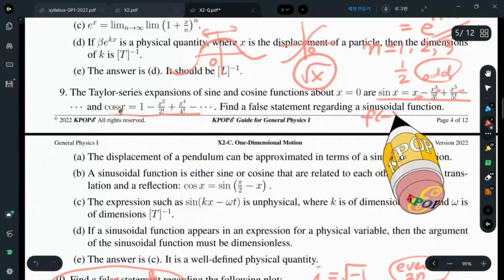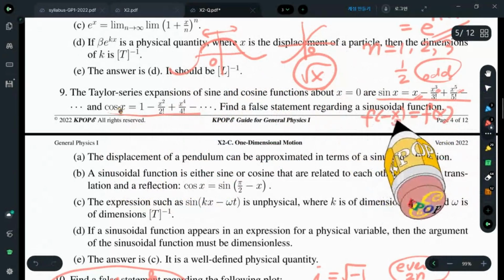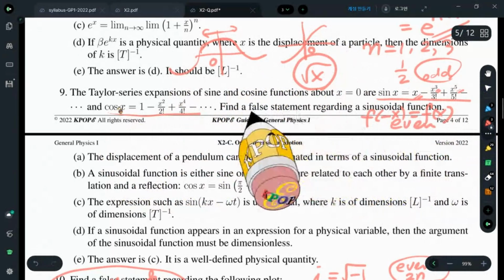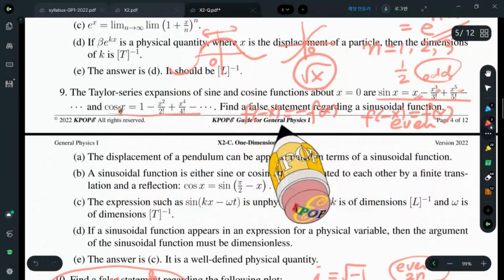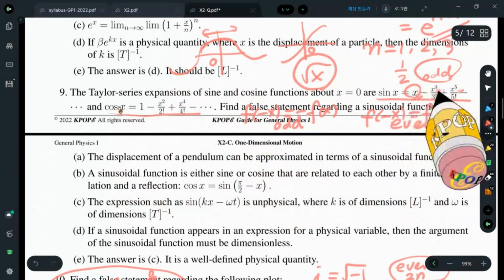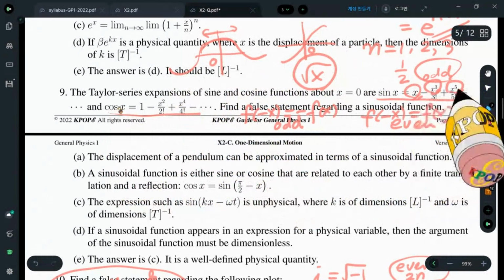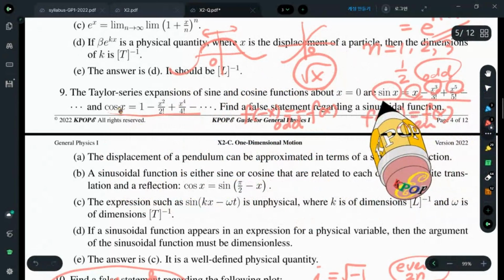f of minus x equals f of x is even. f of minus x equals minus f of x, we call this odd. Why odd? Powers are odd. The Taylor series expansion has only odd powers. So this is an odd function.